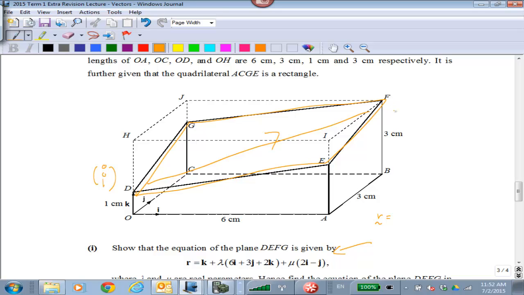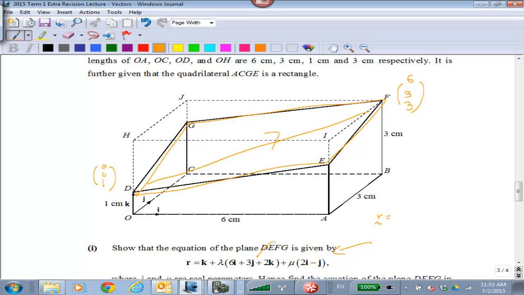Well, do you know how to find F? When you have a 3D diagram, you need to know how to read and get the coordinates. Which means that DF is just 632. Just OF minus OD. 632, done, settle here. Make sense?